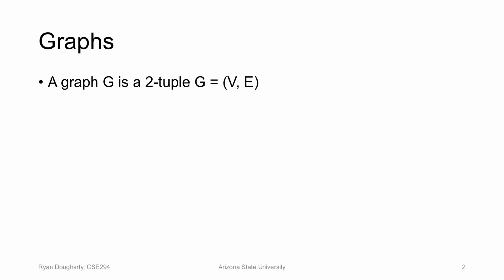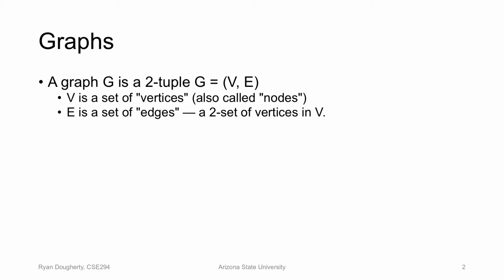They are basically a set of 2 things. You're given a set of vertices and edges. I have plenty of examples, so you'll see a few. What are each of these? V is a set of vertices, so you can think of these as just points in a plane, or however you want to think of this. And E is a set of edges.